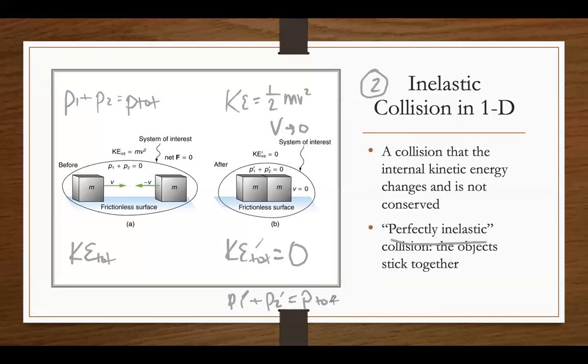In this case, we know that our velocity went to 0, so our total momentum after has to be 0, since the velocity of both of these blocks is now 0. This translates to our before scenario, where the addition of momentums should also be 0. So watch out for that.